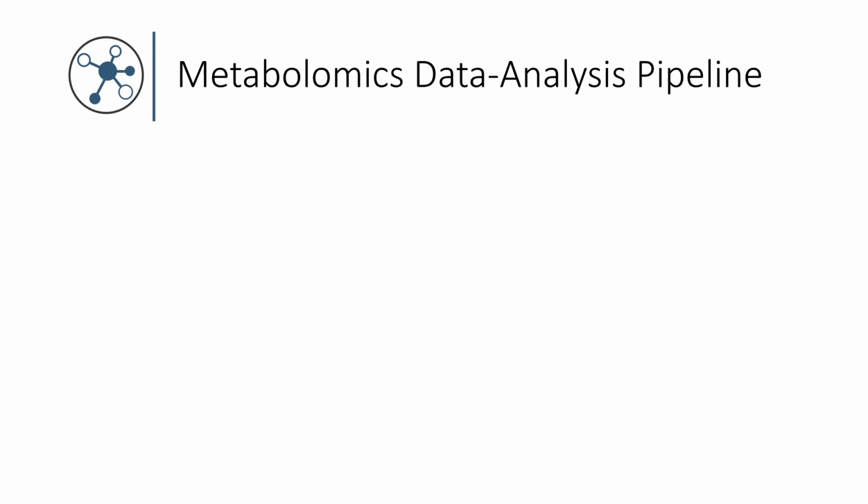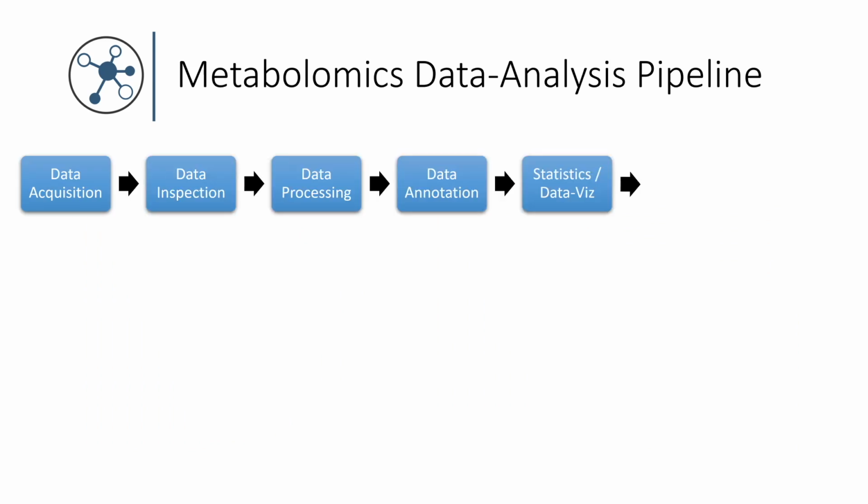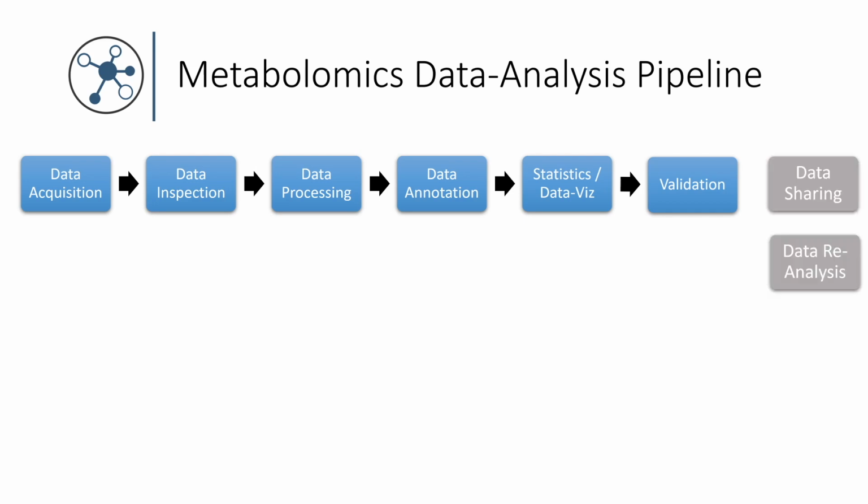This data analysis typically includes, from the beginning, data acquisition, data inspection, then processing, annotation, statistical prioritization and visualization, as well as final validation of our findings, and hopefully also data sharing that enables reanalysis and reproducing our results by other researchers.